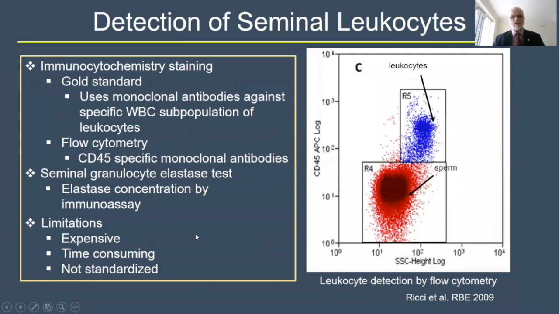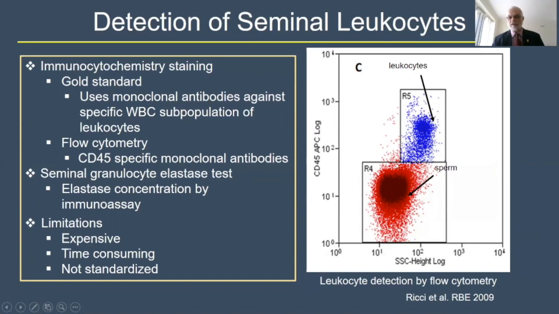For the detection of these leukocytes in semen, there are different methods available. We can do it with immunocytochemistry staining, which is regarded as the gold standard, with monoclonal antibodies against specific white blood cell subpopulations. This can also be done in flow cytometry, as shown here on the right-hand side.